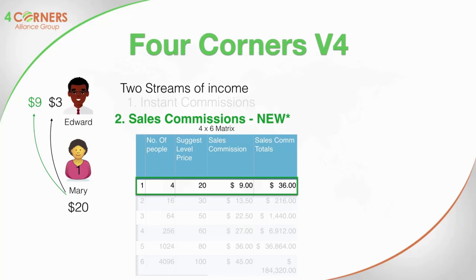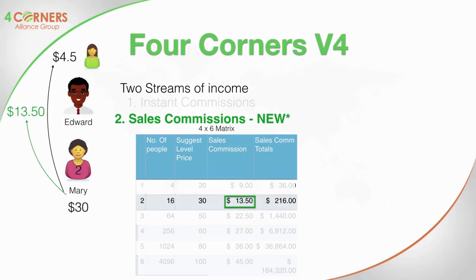Now let's take a look at what happens when Mary buys product set 2. Mary has just upgraded to product set 2, and the instant commission is shown in black there at $4.50. The instant commissions do what? Product set 2 always pays to the person who is up 2 rows. It's got nothing to do with who sponsored who. When Mary buys product set 2, $4.50 goes to the person that's immediately above Edward.